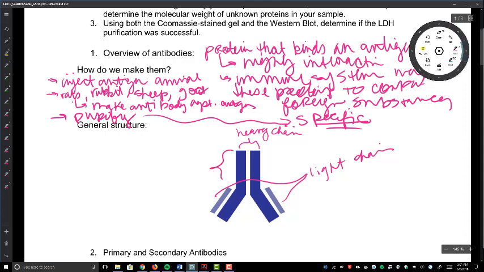The stem up here, that's half of the heavy chain, that part of the antibody is going to be specific to the organism.